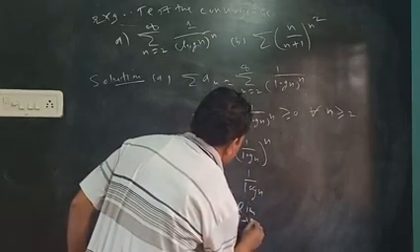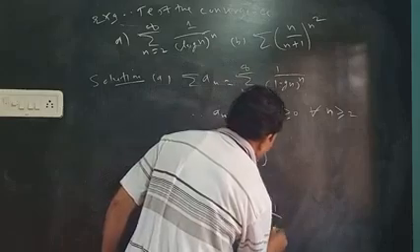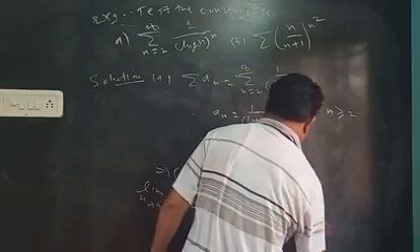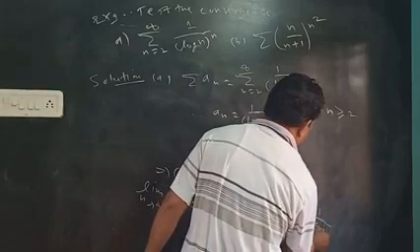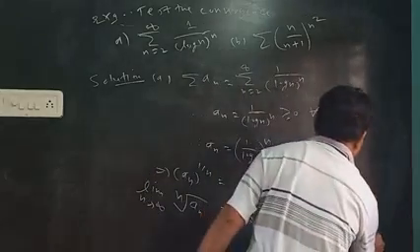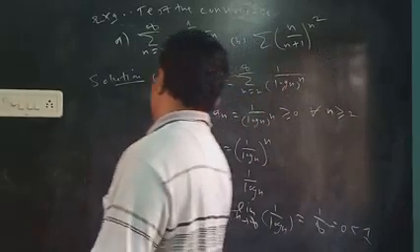So now the limit as n tends to infinity of the nth root of a_n is the limit of 1 upon log of n. Log infinity is infinity, so 1 by infinity is 0, and 0 is less than 1.